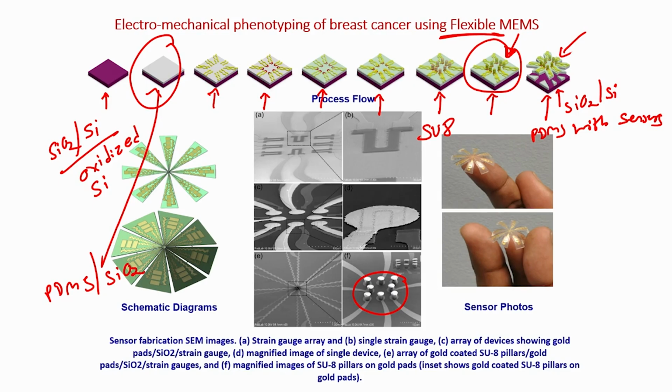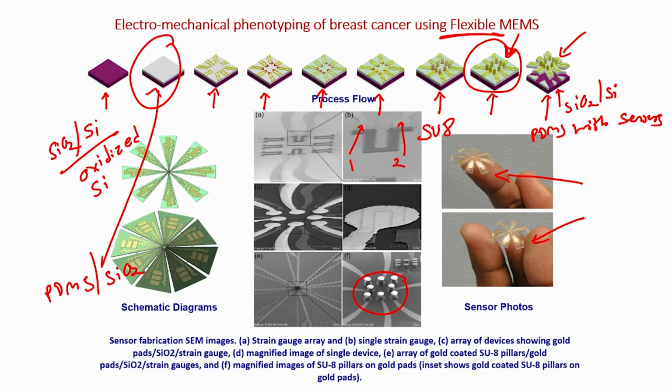Okay. Now, if you see on the right side, what do you see? This is the detached device and it is flexible. So, how many contact pads would be there? For a strain gauge we require 2 pads, you can see 1 and 2. And how many pads for electrodes?